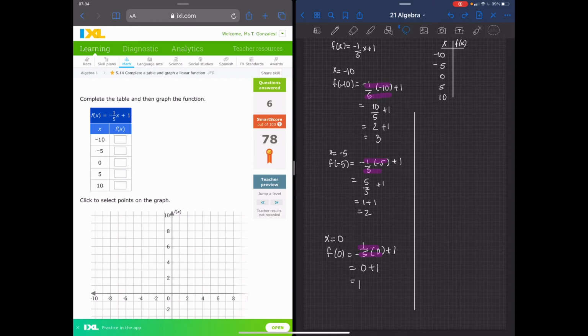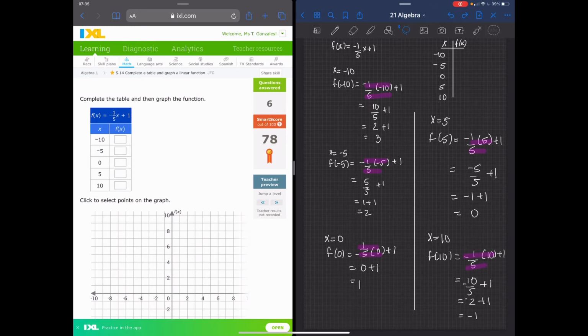So 0 times anything is just 0, so 0 plus 1 is 1. And then next is x equals 5. So f of 5 equals negative 1/5 times 5 plus 1. Multiply fractions going across. So negative 1 times 5 is negative 5, divided by 5 equals negative 1. And I add the 1, so negative 1 plus 1 is 0.